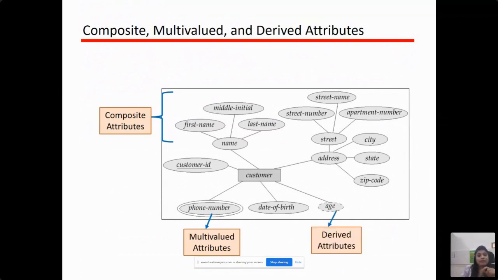So basically age is not physically existing in the database, but its value can be derived from the date of birth. So that is why it is known as the derived attribute, and date of birth actually physically exists in the database. And then we have divided the street further into street number, street name, apartment number. So if we divide the attribute further, then it forms the component attributes.